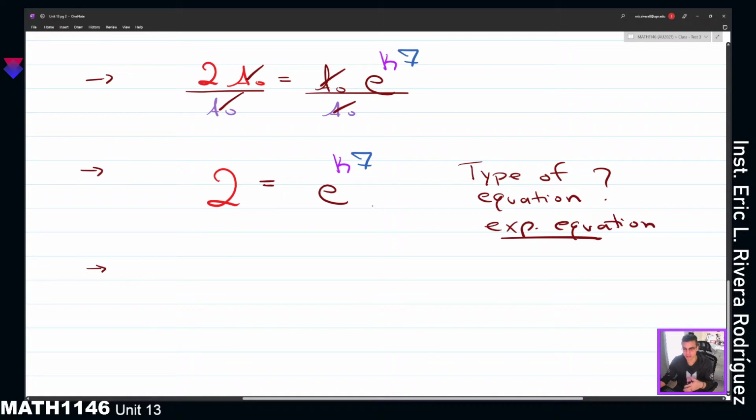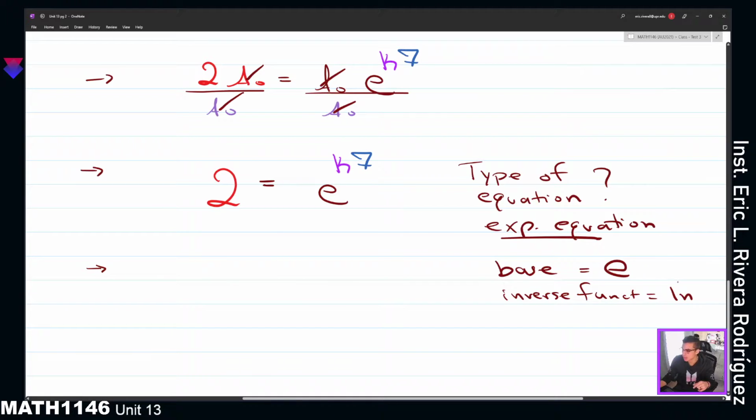Its inverse is the logarithmic function. The base of the exponential here is e. That's the base of the exponential function. So that means that the inverse function that we are going to use is going to be log base e or natural log.